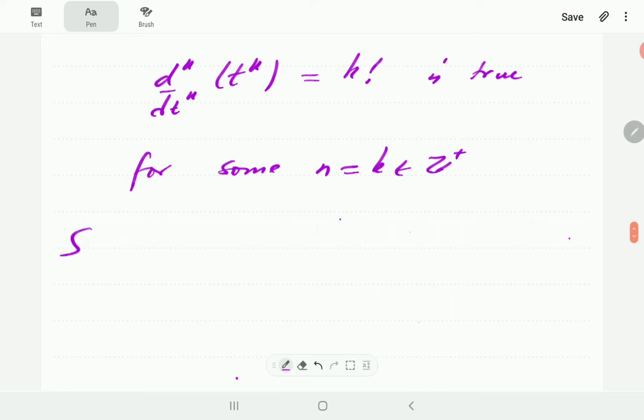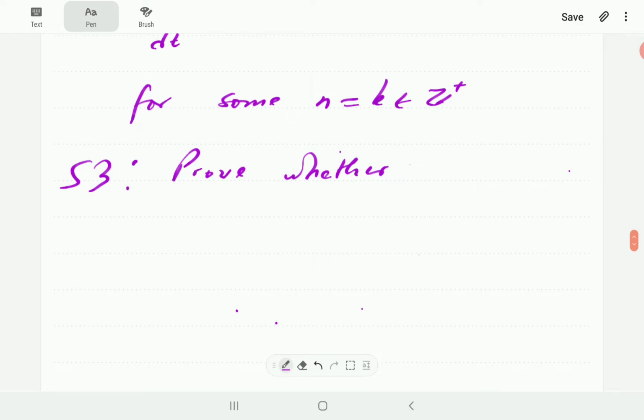Then the last step, which is called the inductive step, we are going to want to prove whether, given that the formula is true for n equals k, it is going to be true for the next bigger integer. So the next bigger integer is k plus 1.